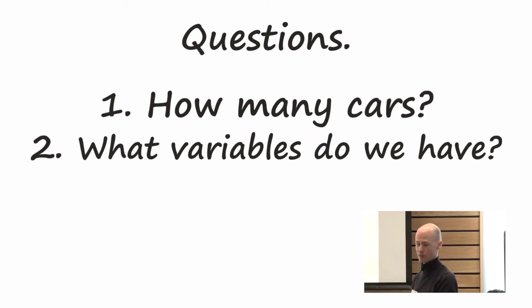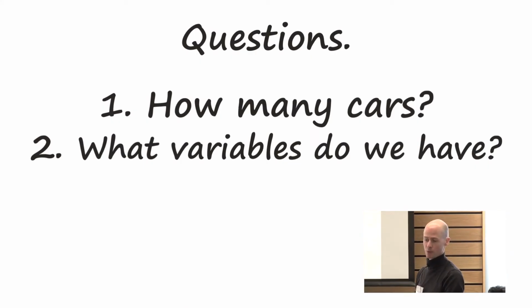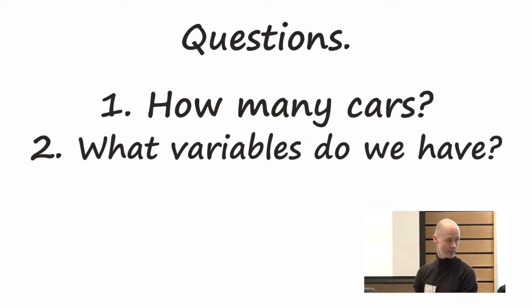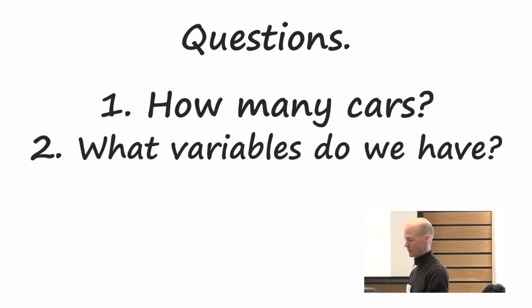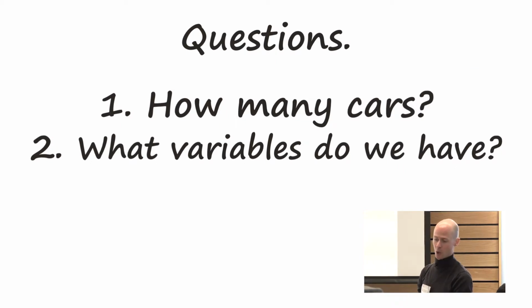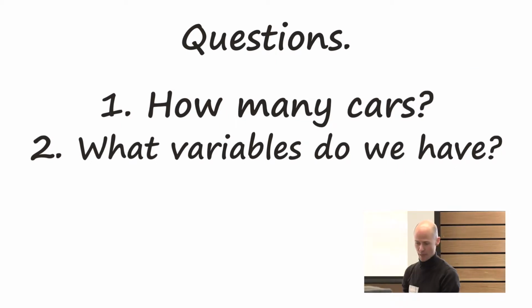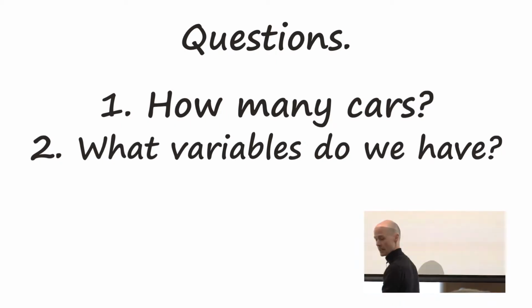So how many unique models of car do we have, which is quite a simple question to answer if you know where to look. And number two, I'd like you to perhaps get an understanding of what the variables might be. We have column headers, but it's not immediately obvious what those column headers might mean. I will fill you in at the end, but perhaps you can have guesses as to what they might mean.